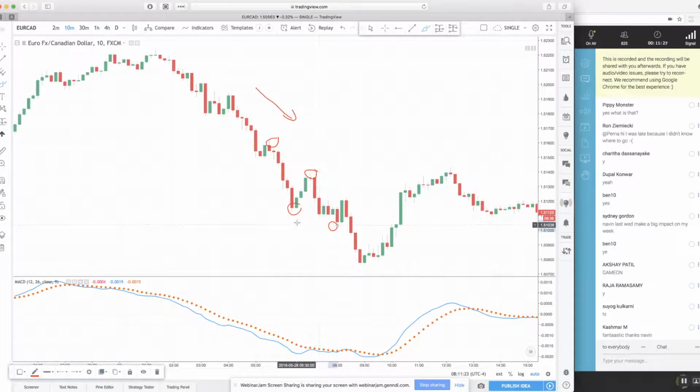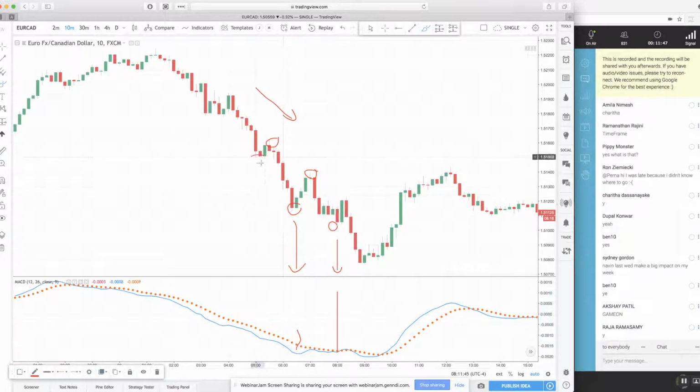Now if we look directly parallel down into the indicator section, you would need that same concept to happen. You have your lowest point here, and you need to have another lower low here. But we don't have that.